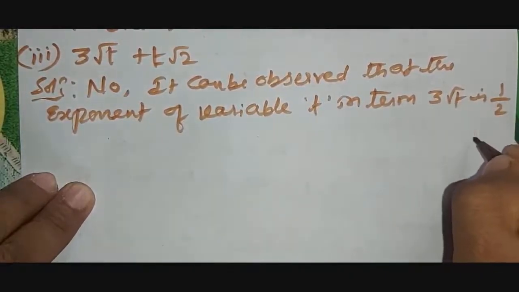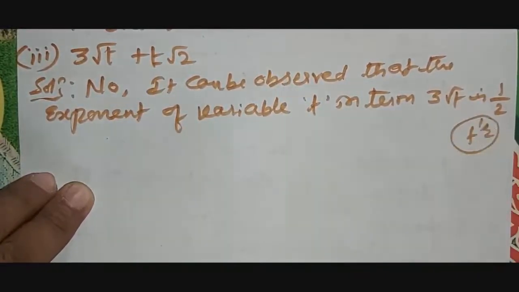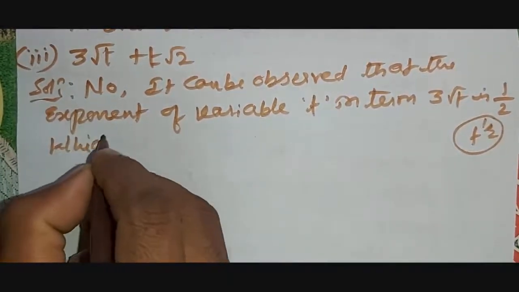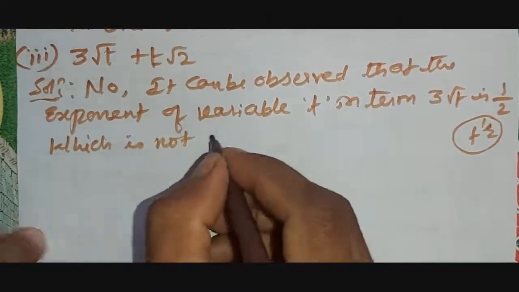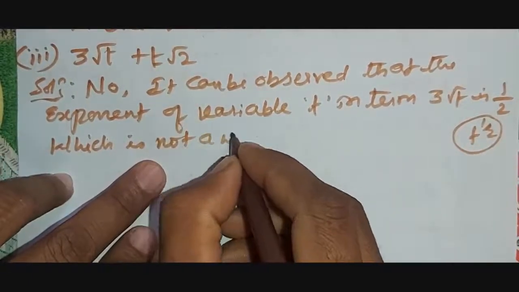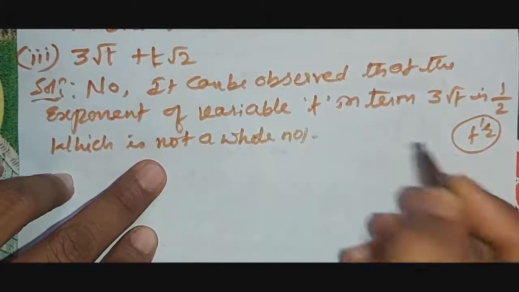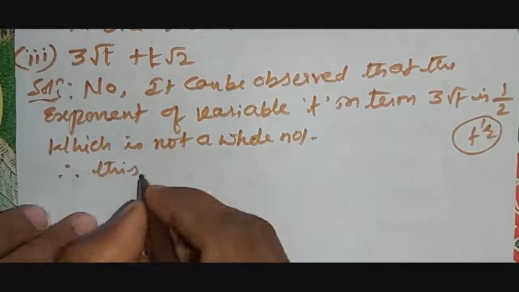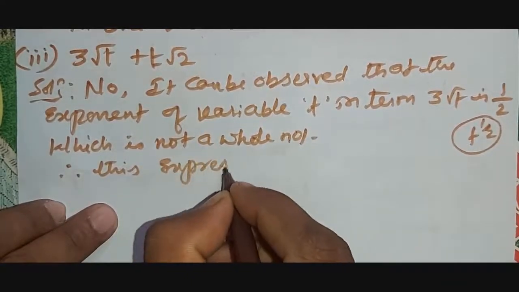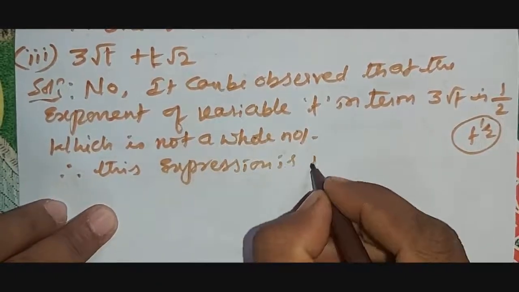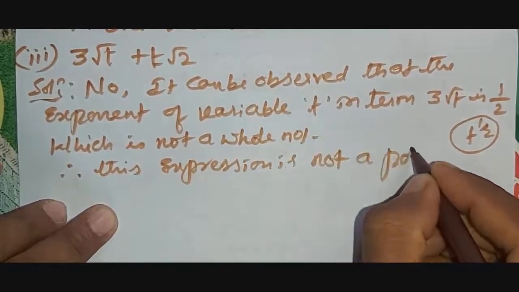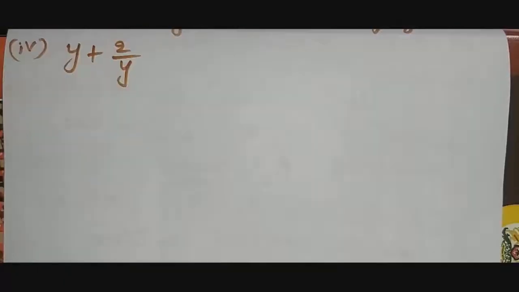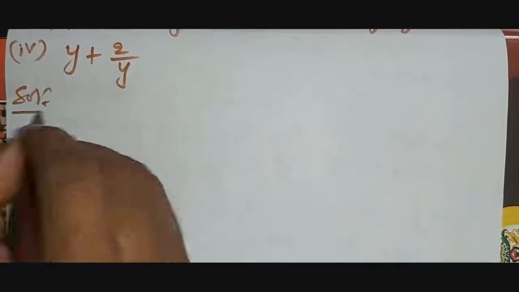So root t can be written as t to the power of 1 by 2, which is not a whole number, therefore this expression is not a polynomial.